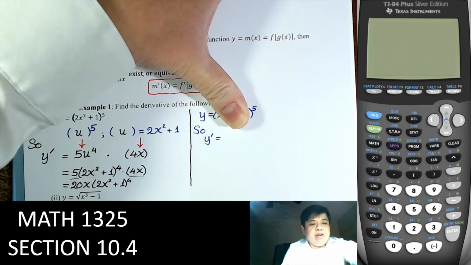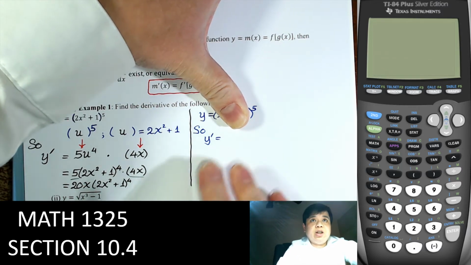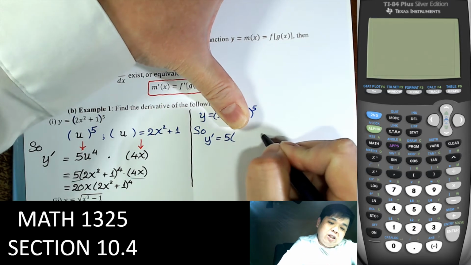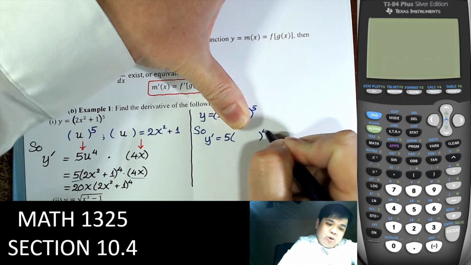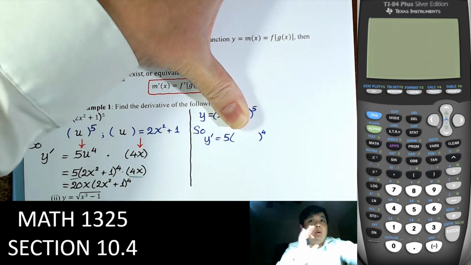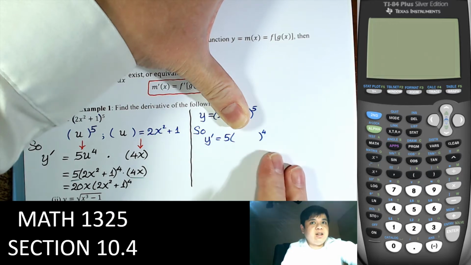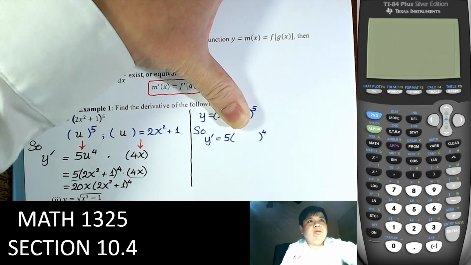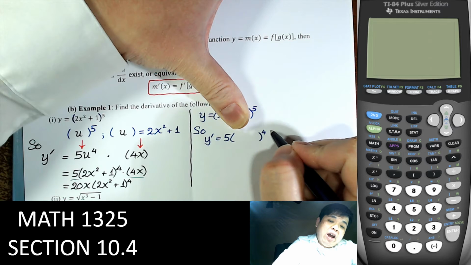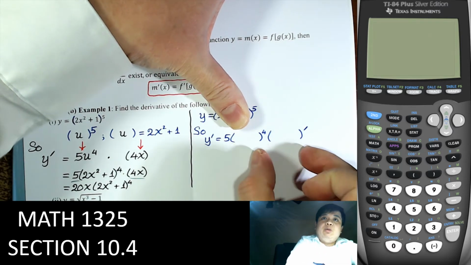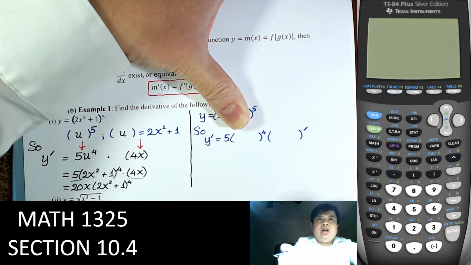So the derivative of the parentheses to the fifth, something to the fifth, we say the derivative is 5, the parentheses to the fourth. Right? Doesn't matter what's inside the parentheses, the derivative of something to the fifth is that. Right? And then we will have the derivative of the parentheses. The chain rule, the difference is we have the derivative of the parentheses. So we just go ahead and write like that.